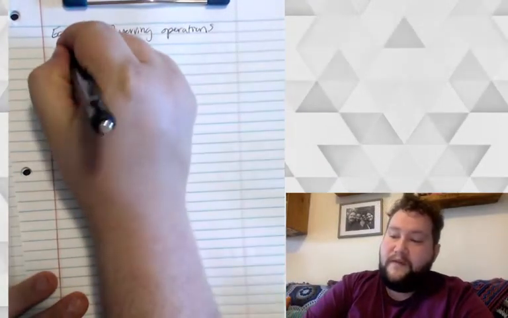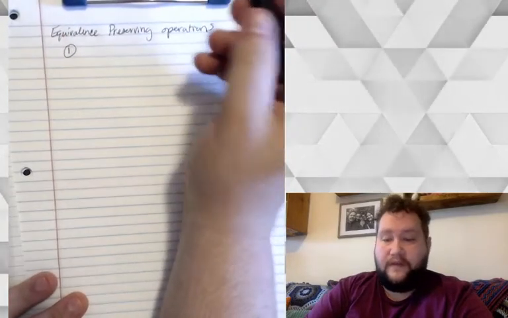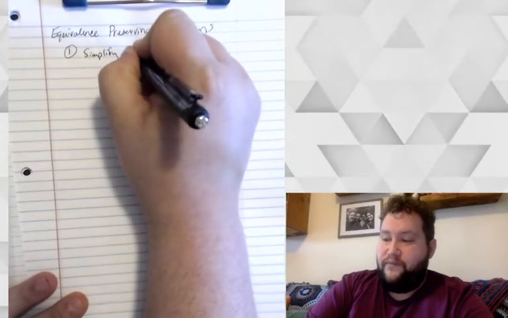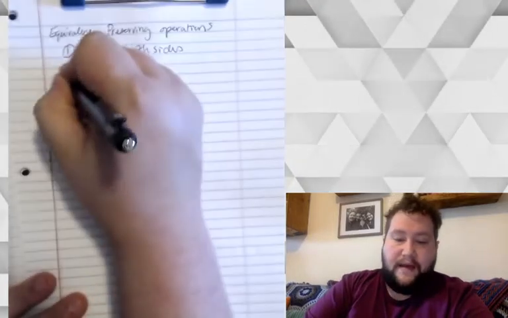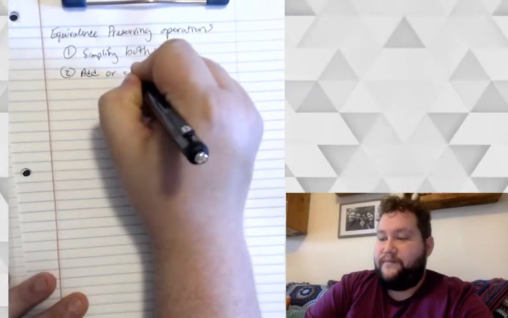And so these will look similar to the equivalence preserving operations we had for equations. We can simplify both sides. We can add or subtract the same expression from both sides.